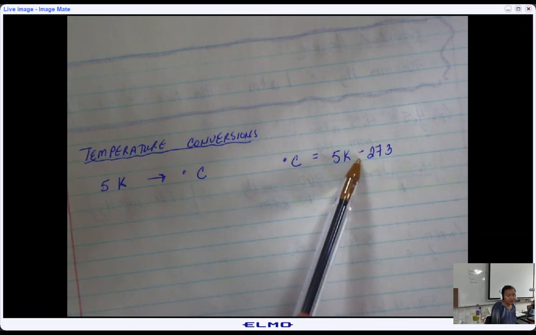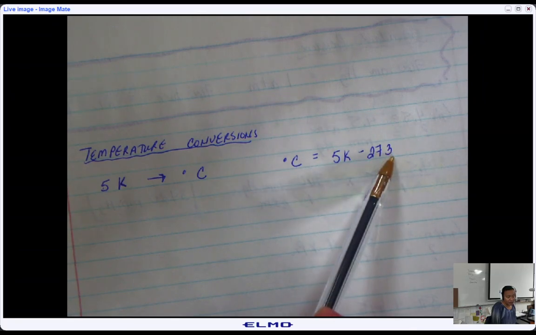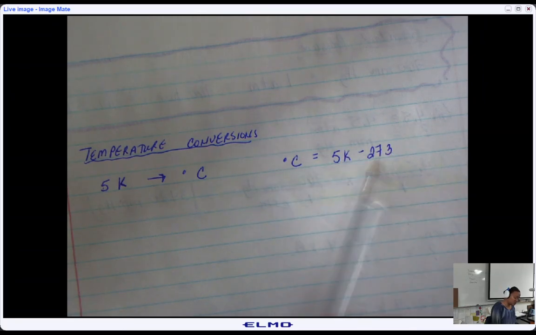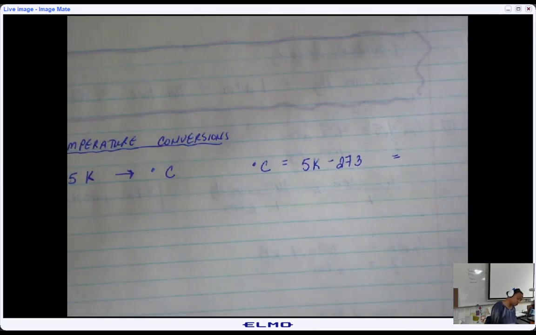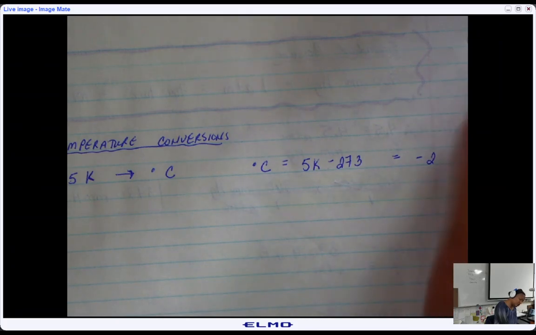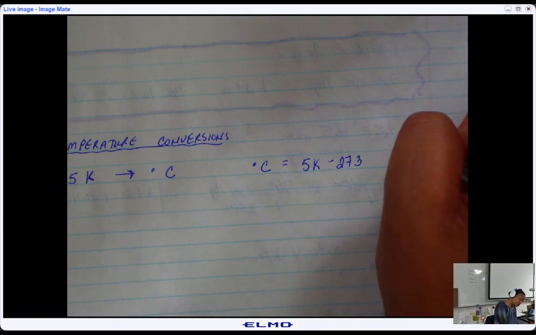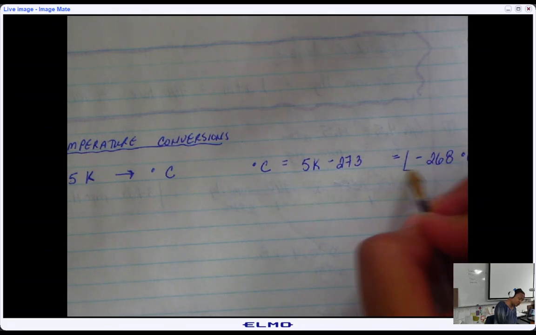The negative is on the larger number, so your answer will be negative. So 5 minus 273 equals negative 268, and that is degrees Celsius. Remember, there is a degree sign on Celsius, there's no degree sign on Kelvin.